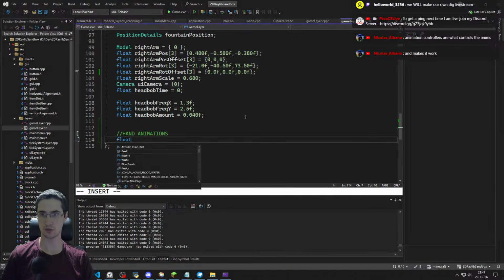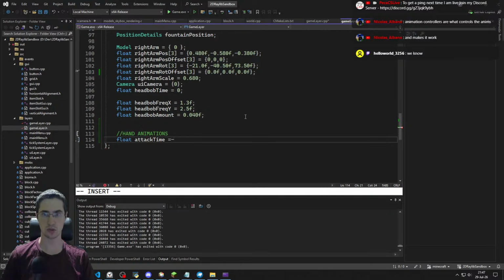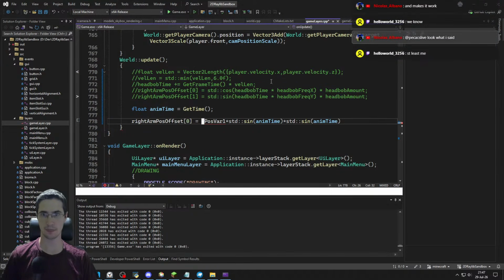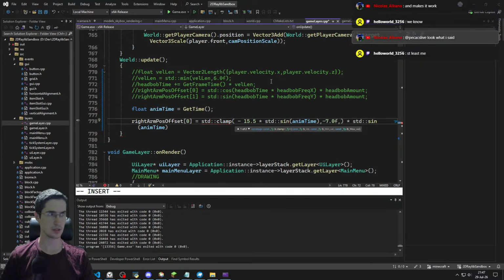Here, let's do float attack time equal 0.5. Let's just do 0.5. And here, let's do the same values. We can even clamp it. We clamp the first sine like this between -7 and 999.